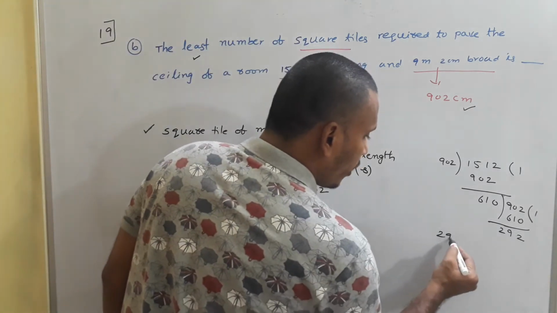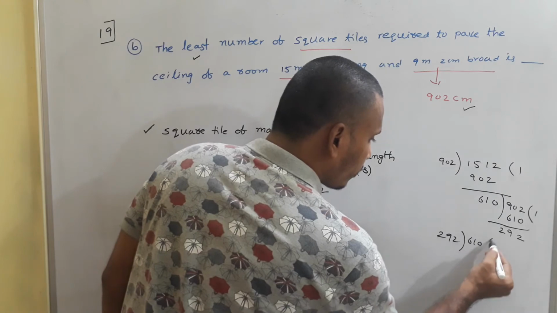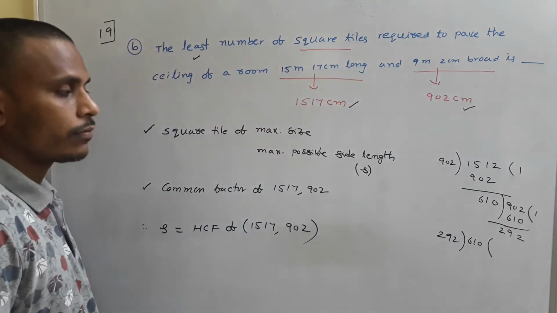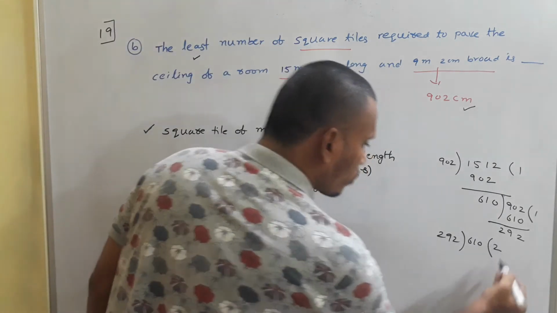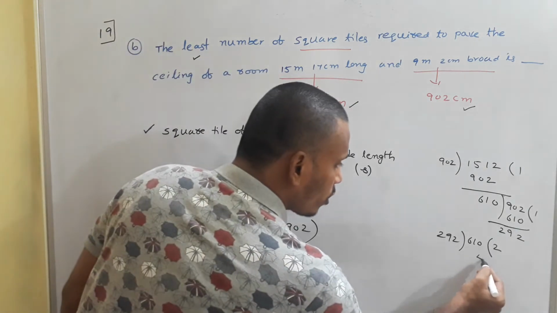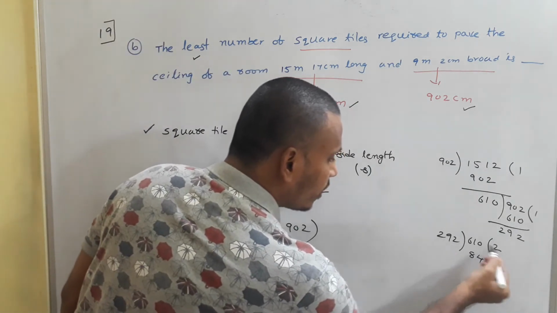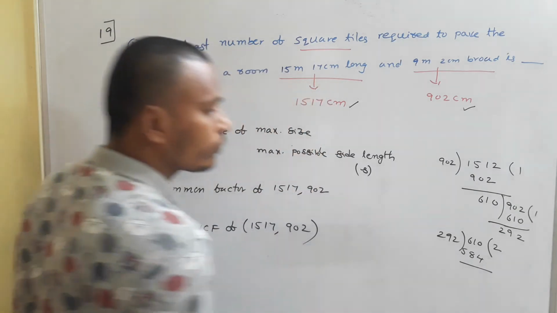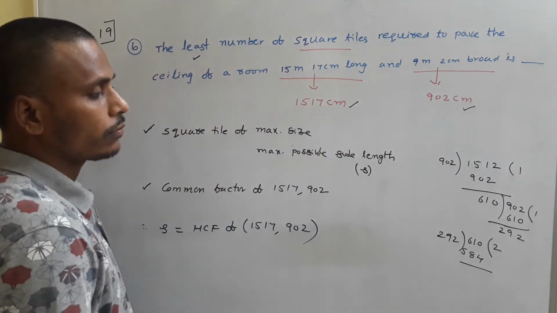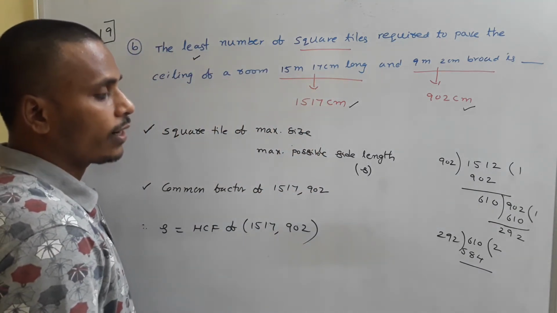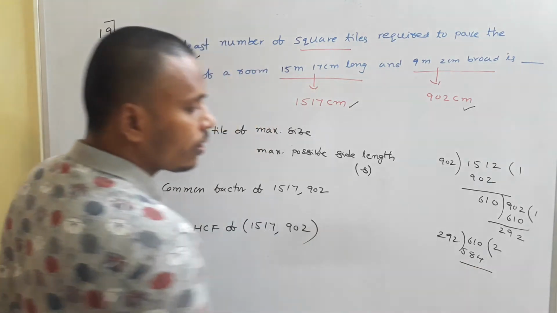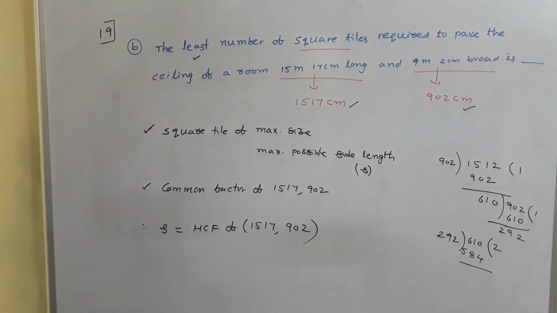Use this 292 now as the divisor, and 610 again. 292 twice is 584, and what you get again is 26 and then 10.